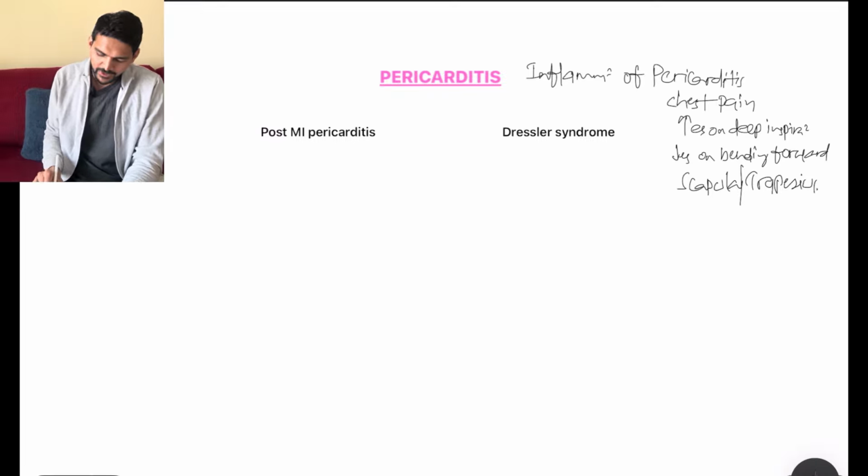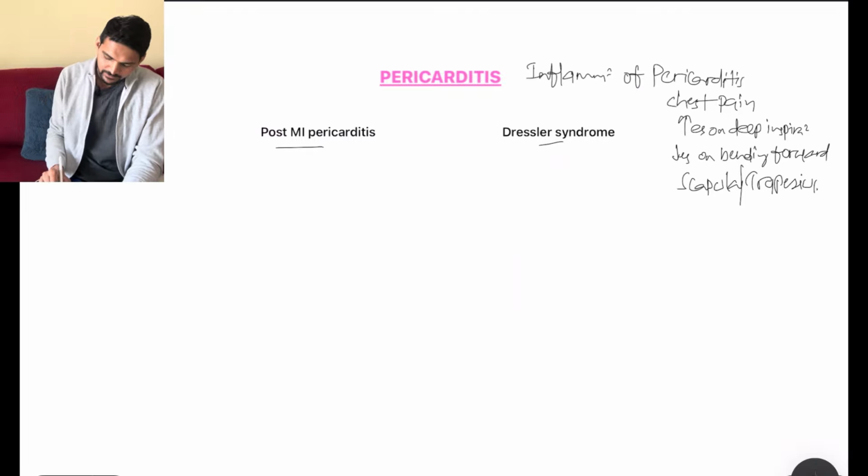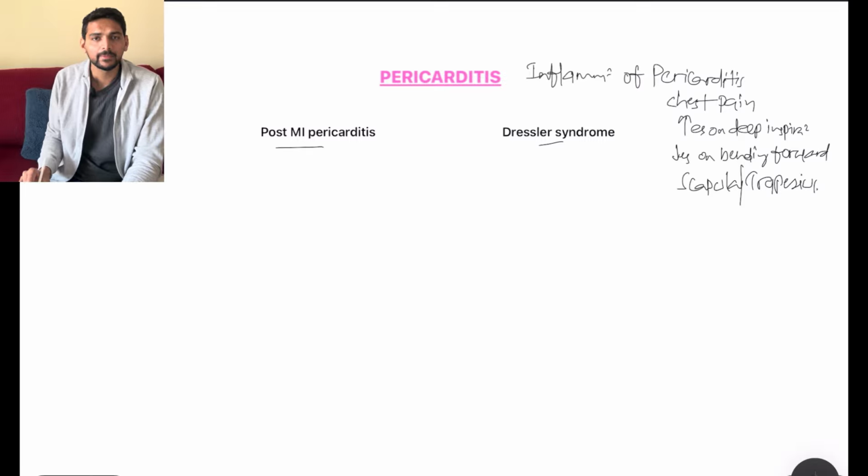But the confusion comes whether it is due to post-MI pericarditis or there is a separate entity called Dressler syndrome. See here, the pattern of pain will be similar, and so are the ECG findings.